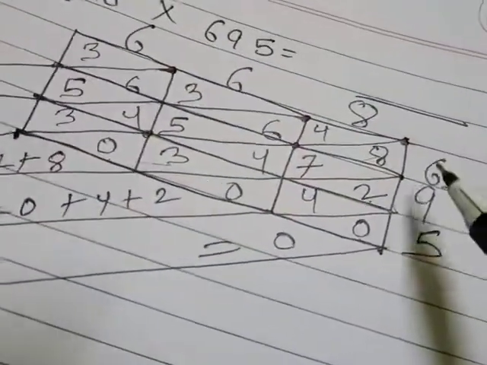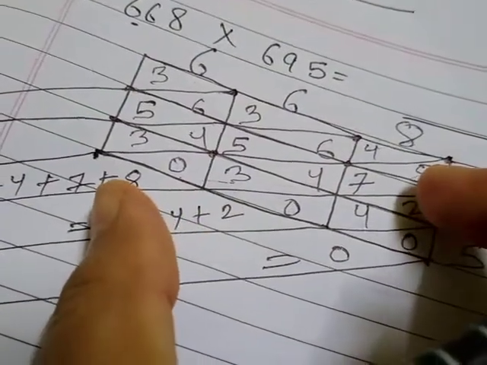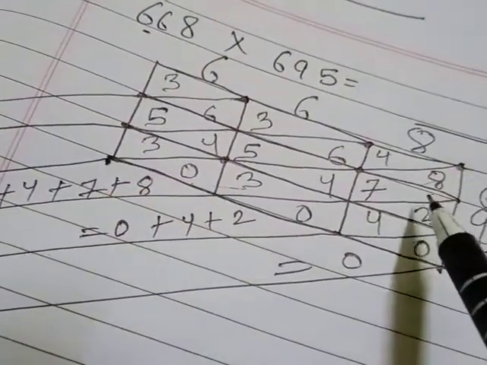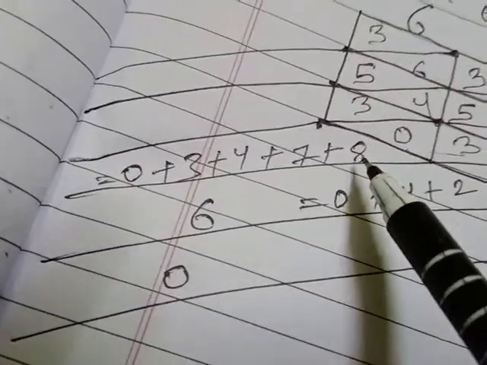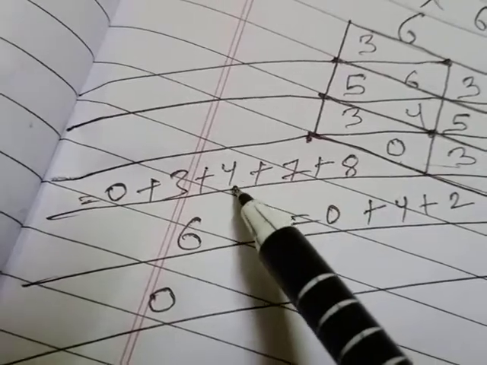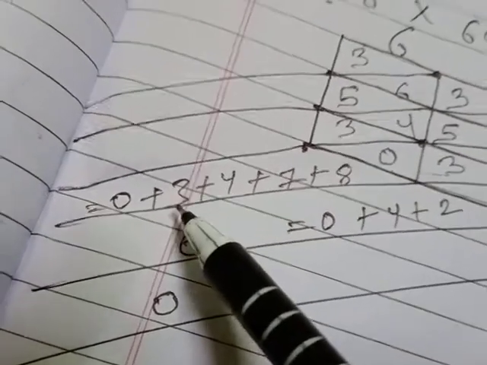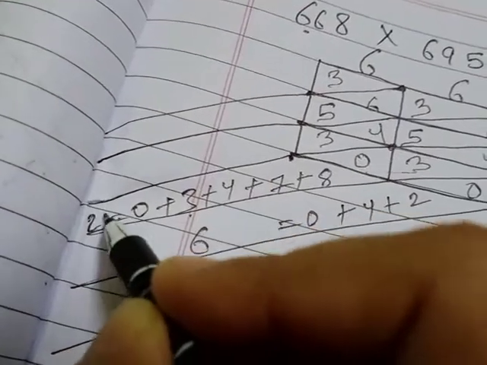After this, we have these numbers 8, 7, 4 and 3 and 0 also, right? You can see the grid which is formed here, okay? So we have 8 plus 7 plus 4 plus 3 plus 0. Keep in mind, the numbers which are given in one line, all of them we have to add. Now here 8 plus 7 is 15. 15 plus 4 is 19, 20, 21, 22. So here it will come 22.